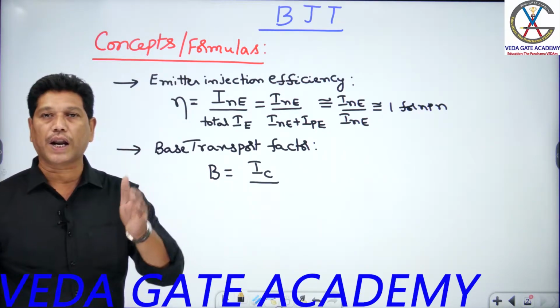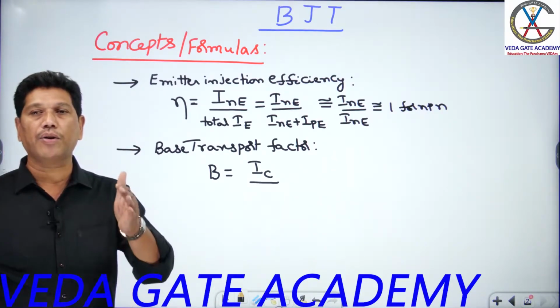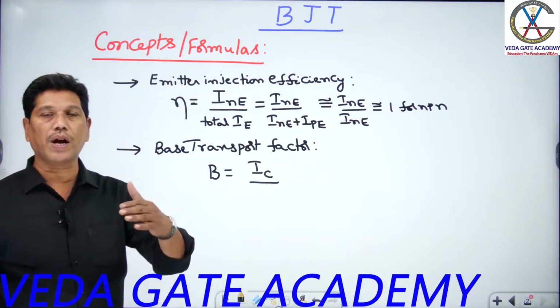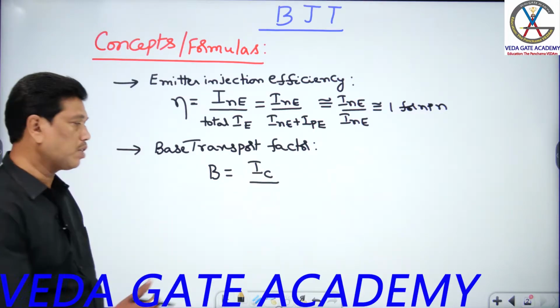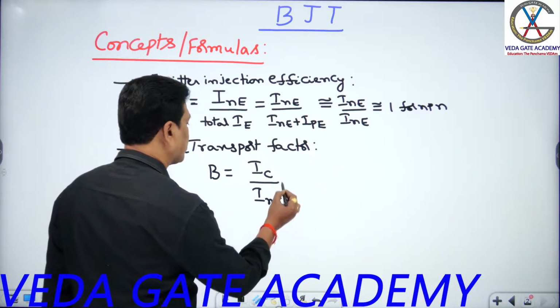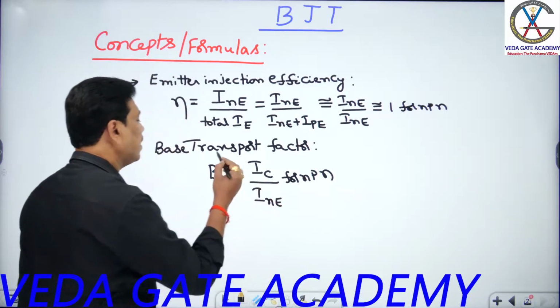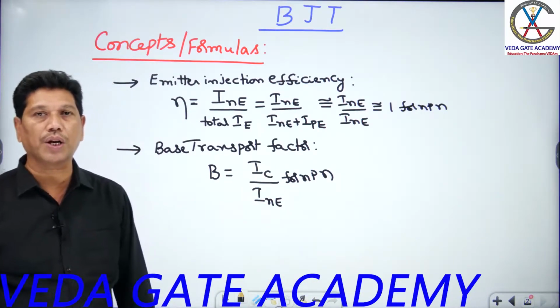In the case of NPN, the current due to the diffusion of emitter carriers is INE. So as compared to INE, how much is the injected collector current IC, that is the base transport factor: IC by INE for NPN. For a PNP transistor, the same thing is written as IC by IPE.